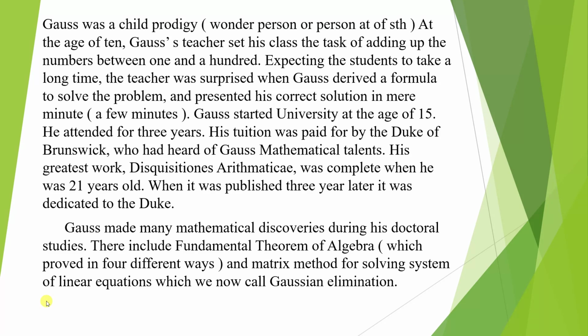Gauss made many mathematical discoveries during his doctoral study. They include the fundamental theorem of algebra, which he proved in 4 different ways, and a matrix method for solving linear equations, which is now called Gaussian elimination.